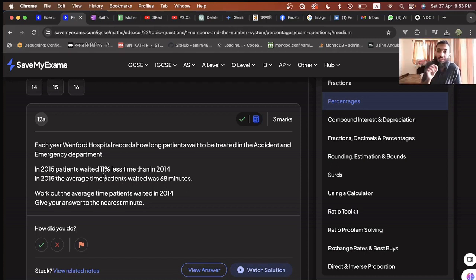Work out the average time patients waited in 2014. Give your answer to the nearest minute.